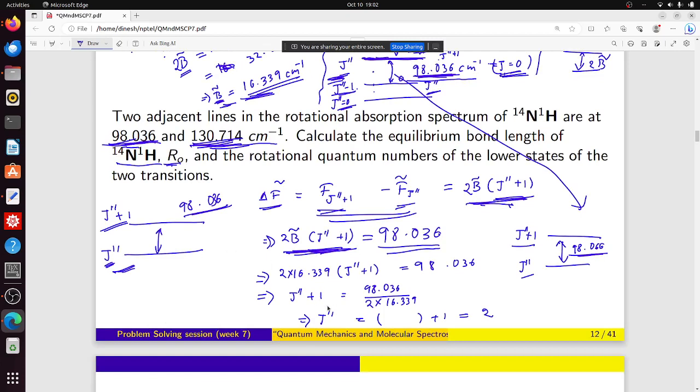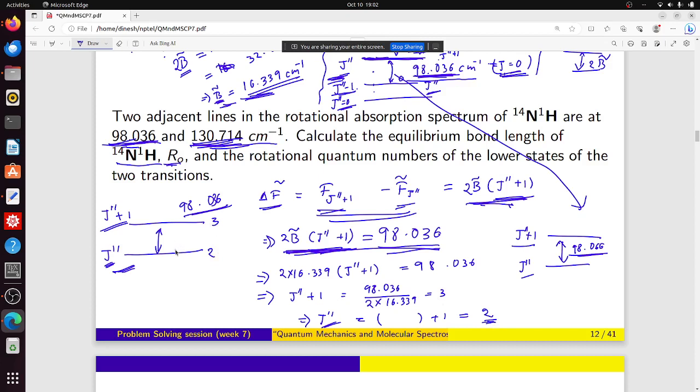Then we have this relation, right? So we applied this relation, and now we got J value to be 3, then 3 minus 1 will give us 2. So this will be 2, then this will be 3.